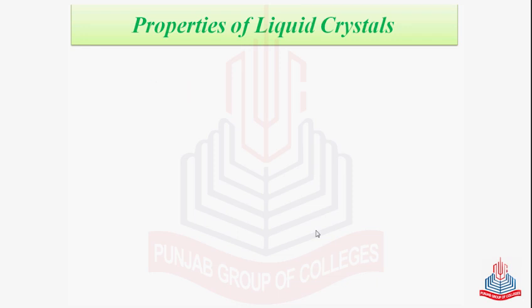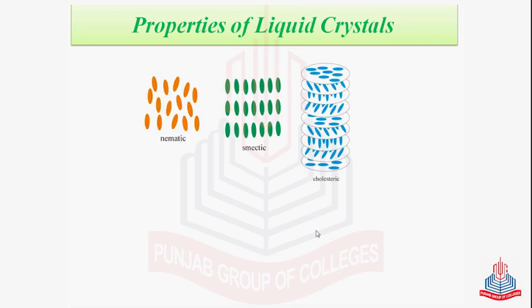So, depending upon the nature of the ordering, the liquid crystals can be divided into three classes, that is nematic, smectic and cholesteric. It's quite clear that the liquid crystals having rod-like molecules can have these three types of ordering.